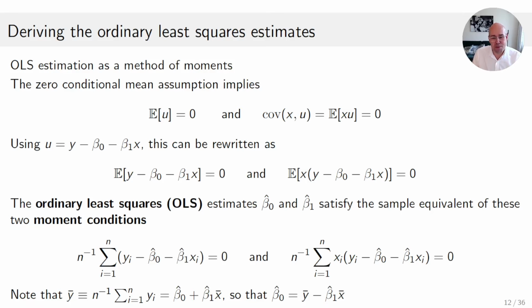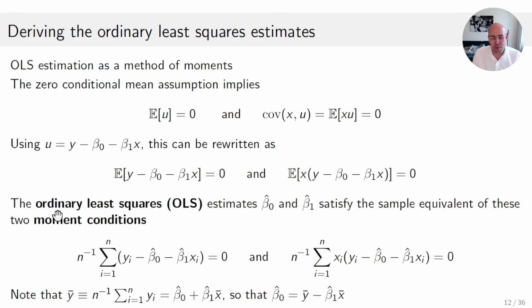You never observe an expectation of a y or an expectation of an x. What you will observe is an average of a y and an average of an x. Of course, the average is the sample counterpart of an expectation. So what we're going to do is say, hey, we're not going to have these expectations, but we're going to have averages. And the averages are actually observed in our sample.